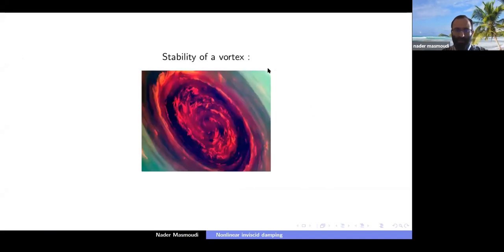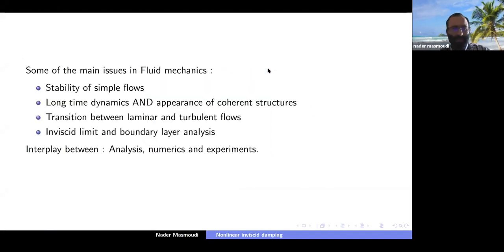I always like starting with recalling some of the important problems in fluid mechanics. Basically all these 4 points, there were a lot of recent works in these 4 directions. One is related to stability of simple flows. The other one related to long-time dynamic appearance of some structures.